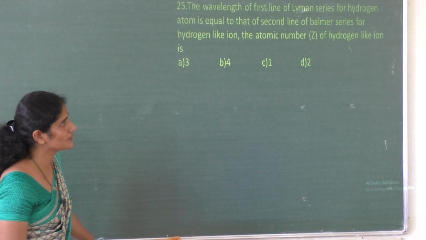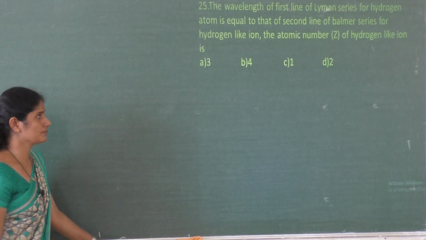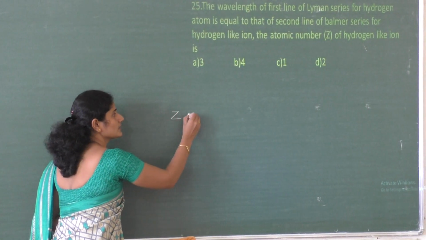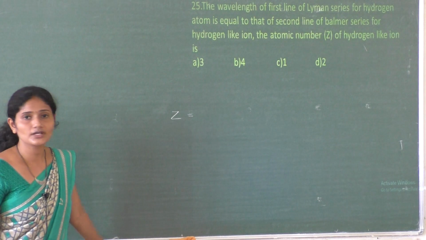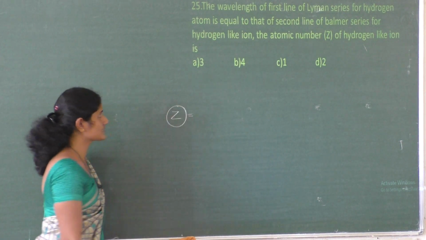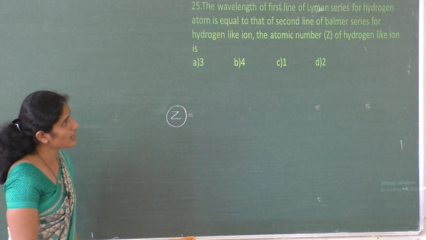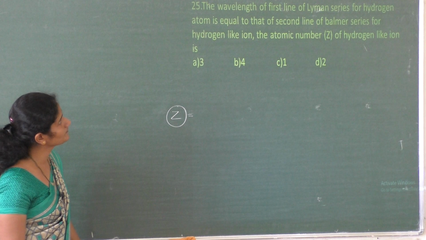The atomic number of hydrogen like ion is? What is atomic number? The number of protons or the number of electrons. It is denoted by the symbol Z. We have to calculate the atomic number of hydrogen like ion.